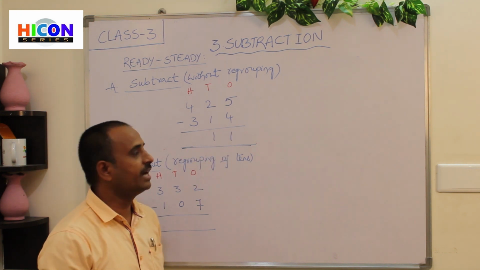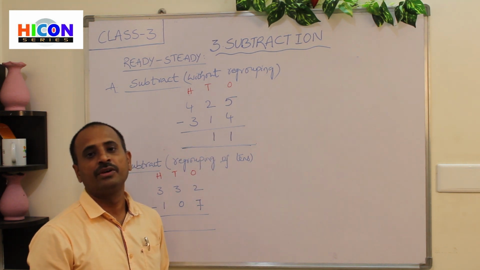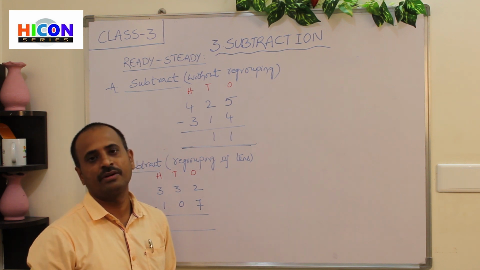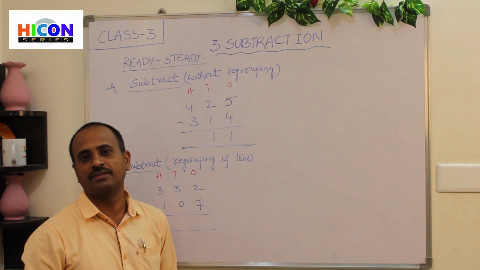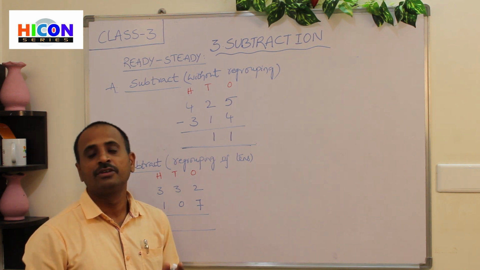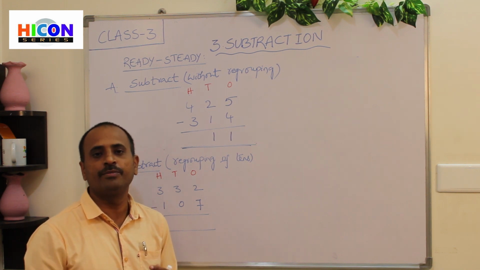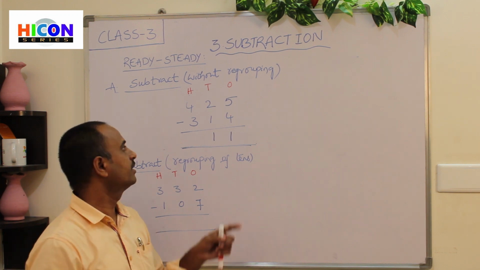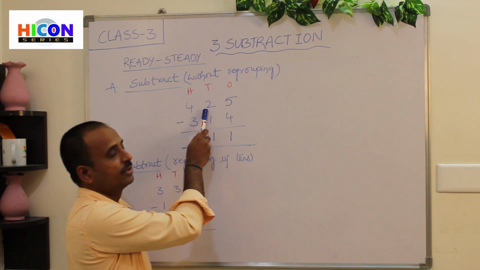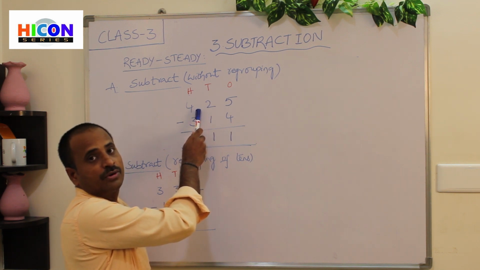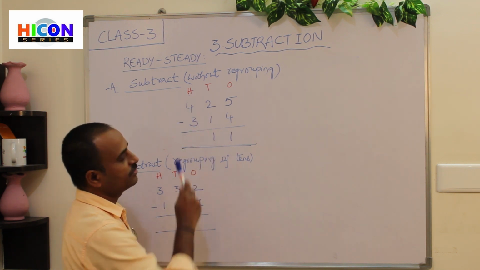If we subtract 1 from a given number, we get its before number. You have already learnt this in second class in subtraction facts. Here we have subtracted 1 from the number 2. What is the before number for 2? That is 1. So the answer is 1.